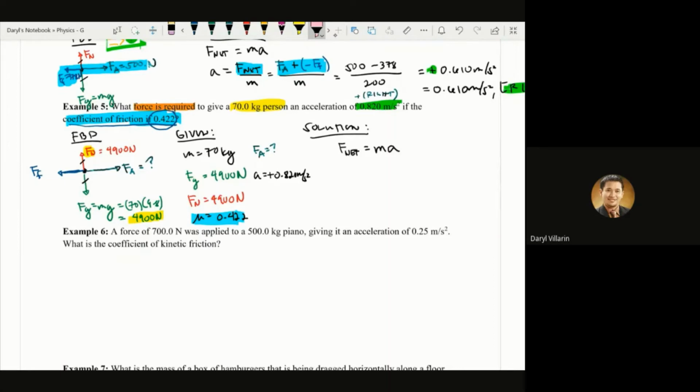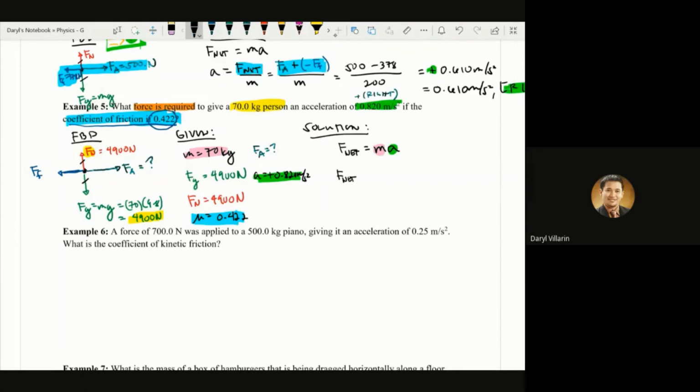Well, mass is given, which is 70, and the acceleration is also given. So essentially, the net force can be solved. So I can solve for the net force.